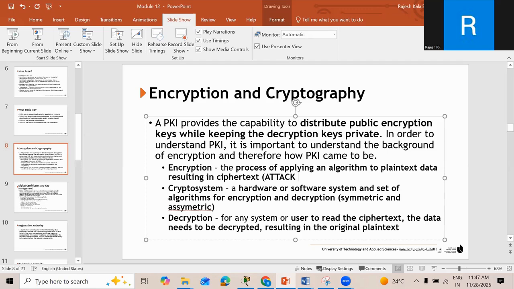So ATTACK becomes: A plus 3 is B, C, D, so D. T, U, V, W, so W. Then C becomes D, E, F, so F. K becomes L, M, N, so N. Like this, I convert the plain text into secret text so that nobody will understand what is written here.